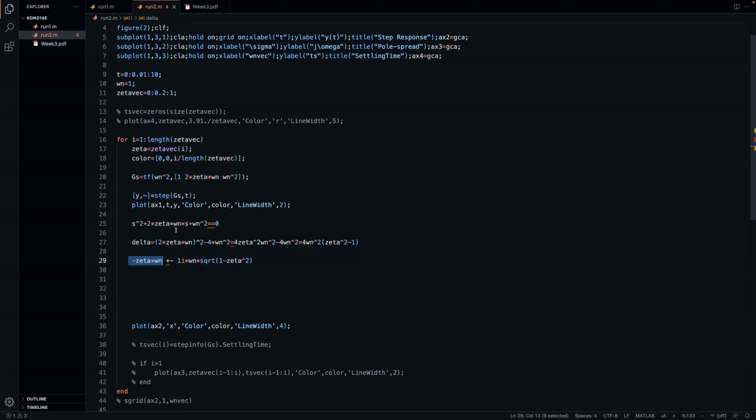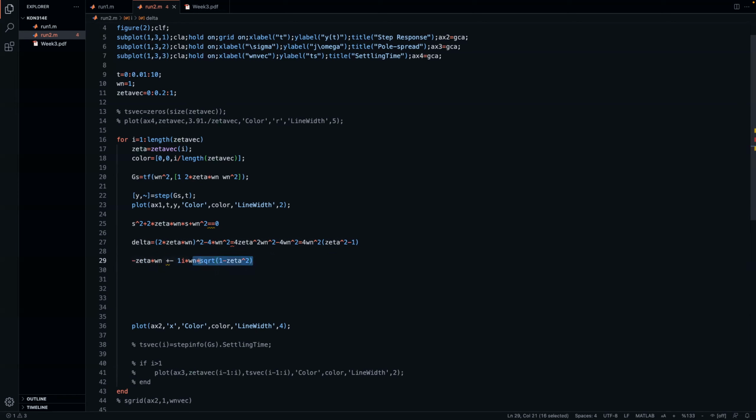If delta in this case is positive, we will have real, distinct roots. If delta is exactly equal to 0, we will have coinciding roots. And if delta is negative, which I assume at this point, we will have complex conjugate roots here.